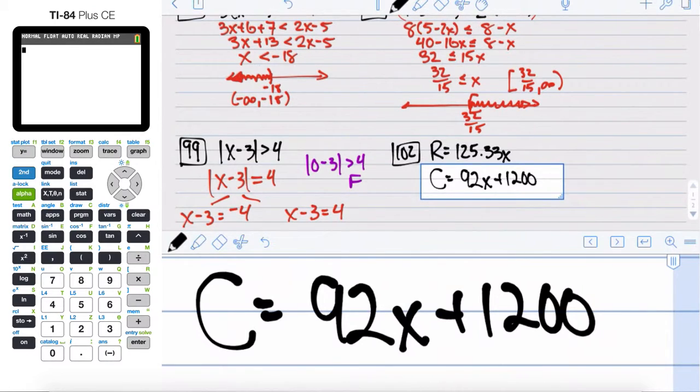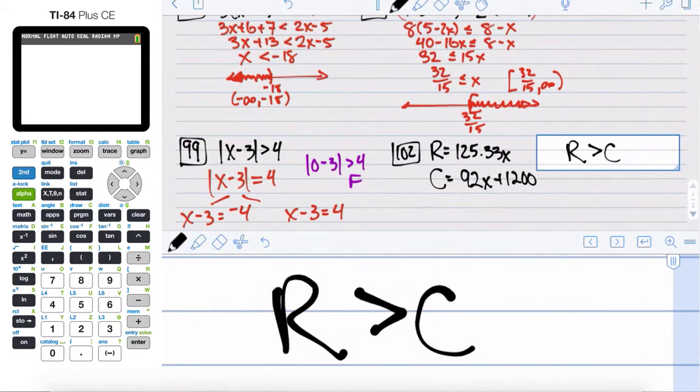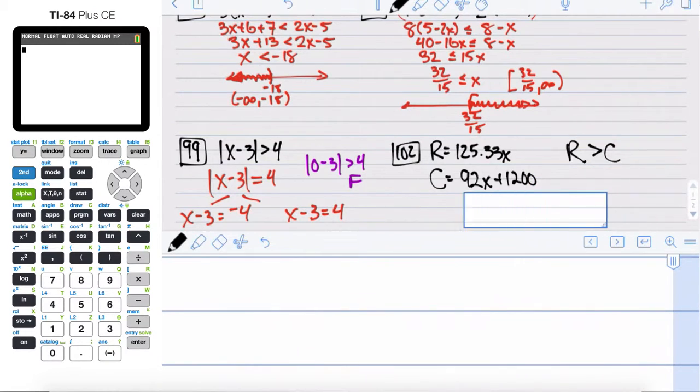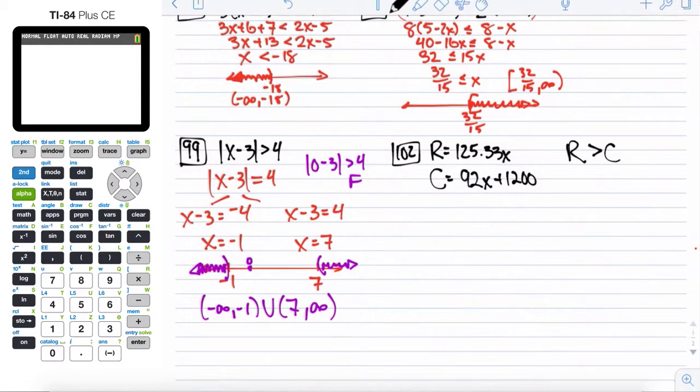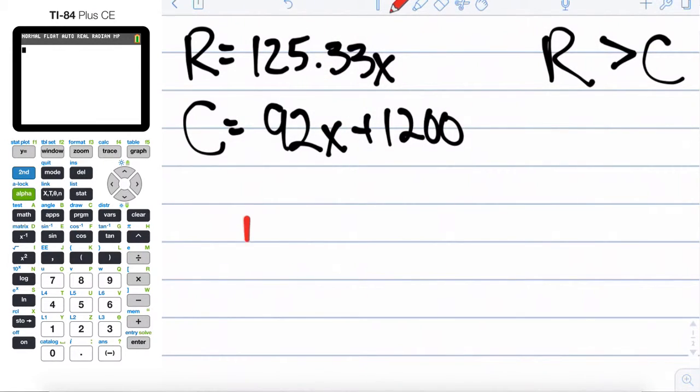To obtain a profit, the revenue must be greater than the cost. So determine the smallest value for which X this product returns a profit. So if R has got to be greater than C, then let's make R greater than C.